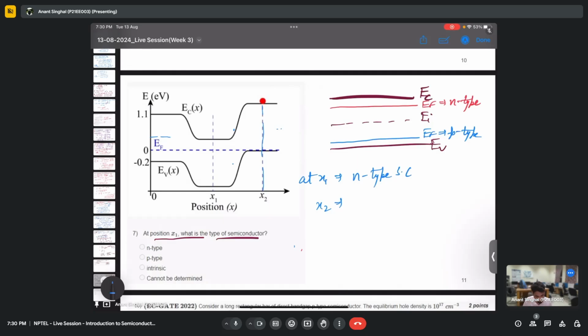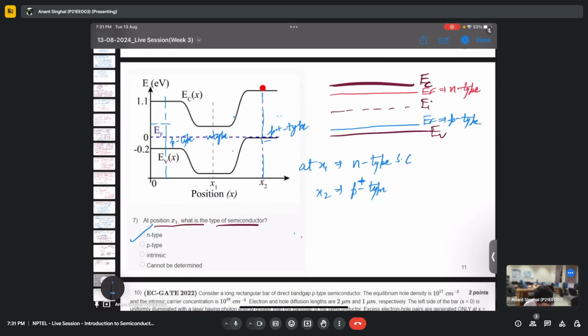This is very easy. P-type, P-type, sir. Yes, it will be p-type, and it is very close to the valence band, so you can even say p-plus type, a very highly doped p-type semiconductor. Similarly here, if I draw a line, it will again be p-type. So this is n-type and this is p-plus type. I hope this is clear.